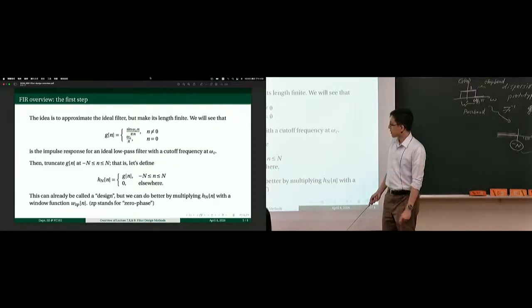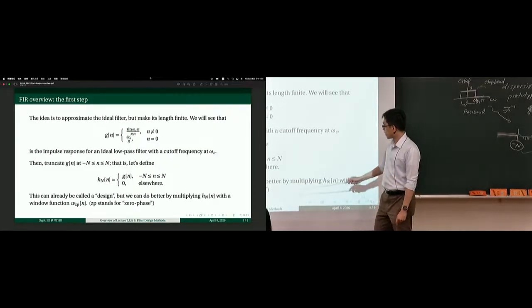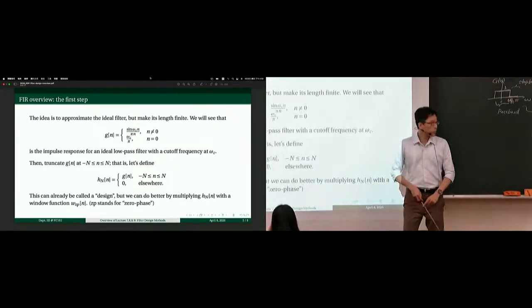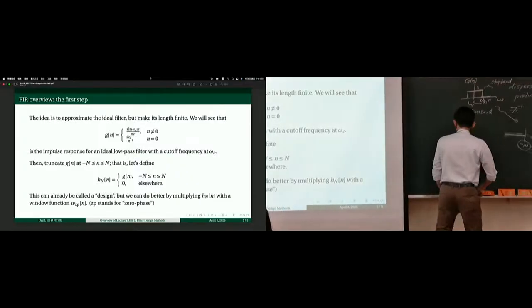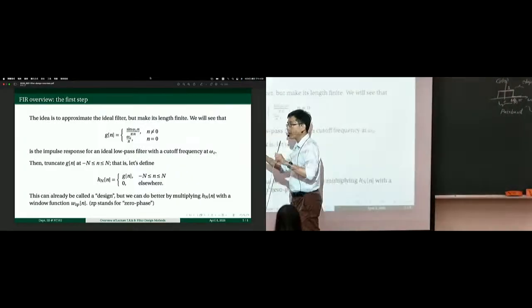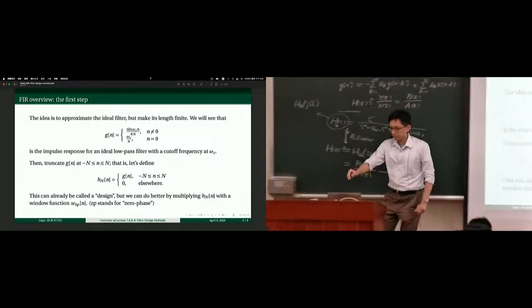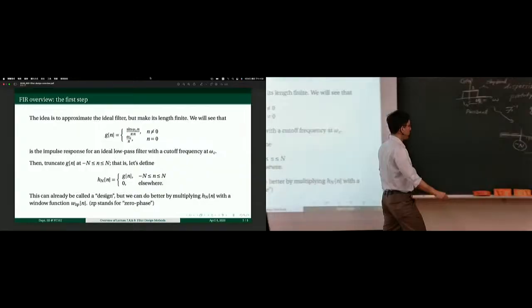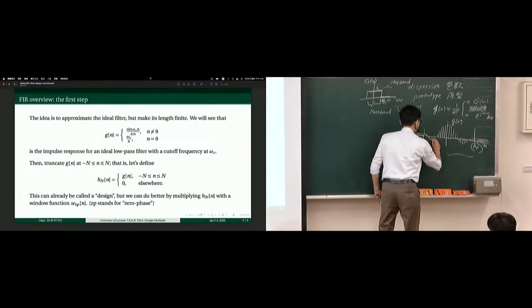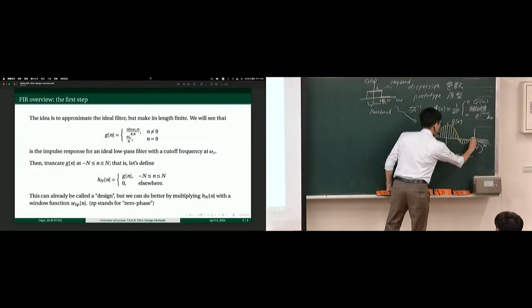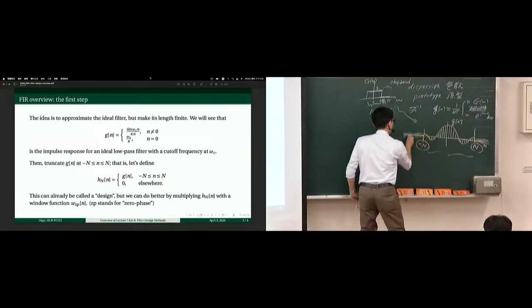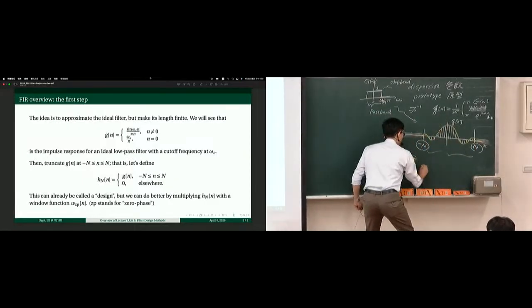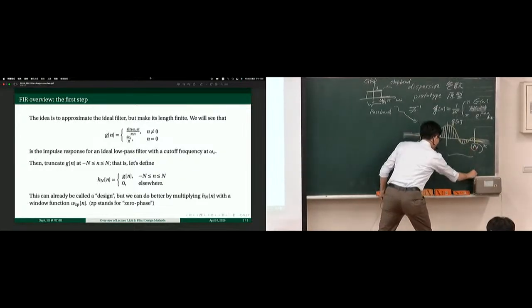Maybe this middle part has to be multiplied by something, to shape the middle part by multiplying all the samples here with a window function in this interval.